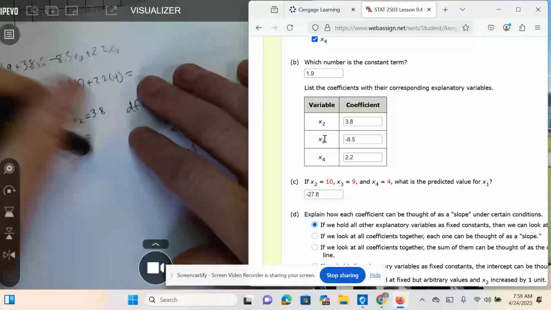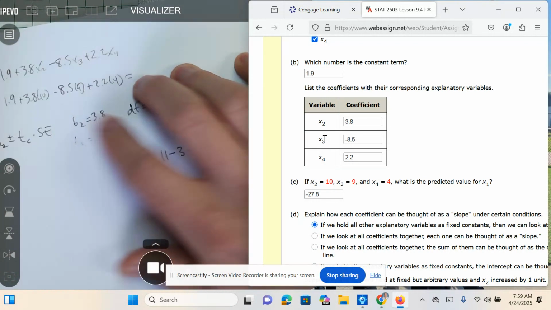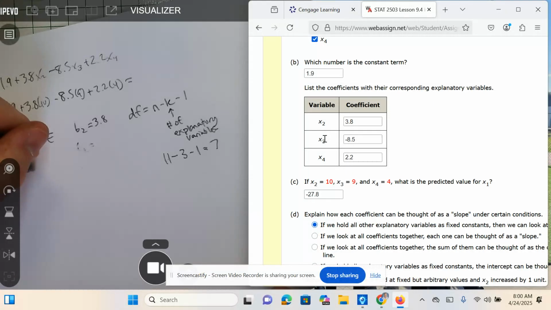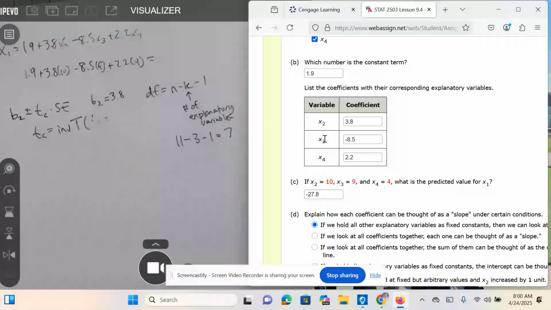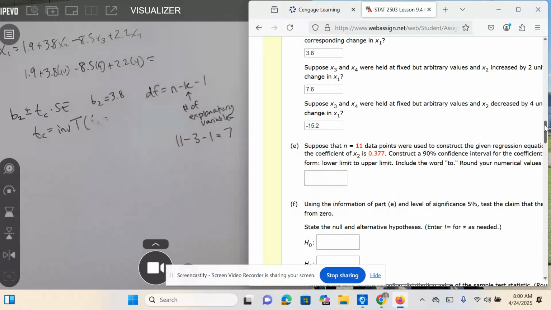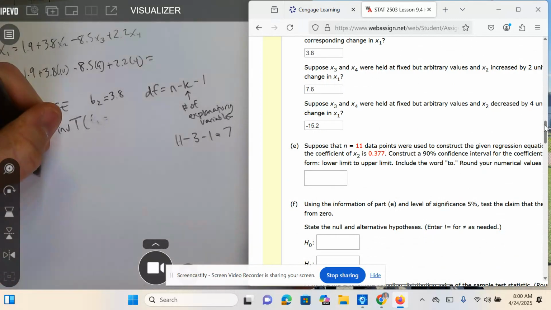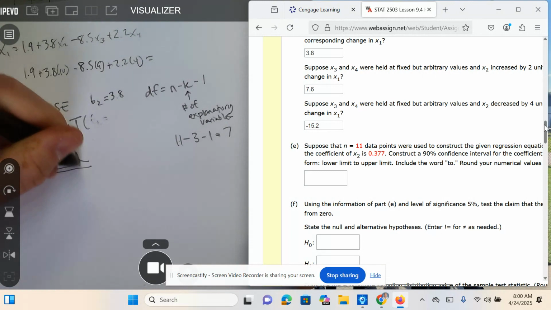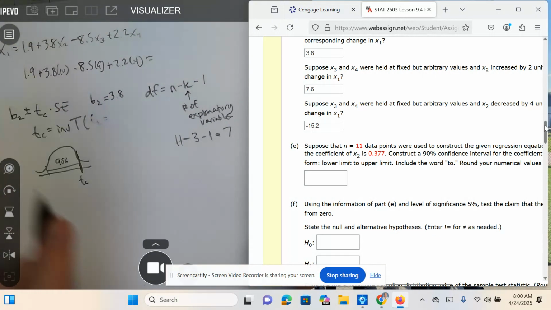Okay. So to find my critical value for t, I'm going to do inverse t. And let's look at what percent confidence interval this is. 90%. So if I'm doing a 90% confidence interval, what I'm looking at is I want the t at that high end. So what percent at this point and below? 90% here, 5's here.